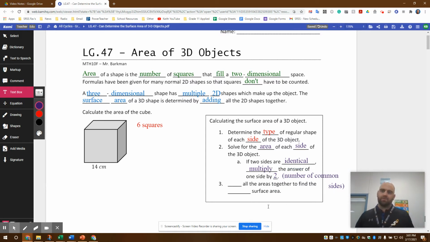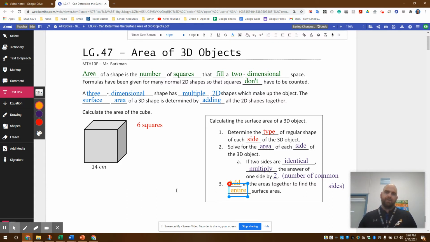I know that's not quite as clean as it maybe should be, but it will work for this time. So if we do have multiple sides, we can just multiply by the number of common sides. Then we add all the areas together to find the entire surface area.